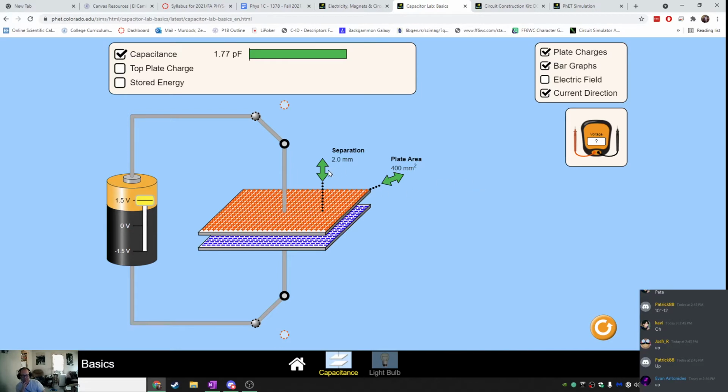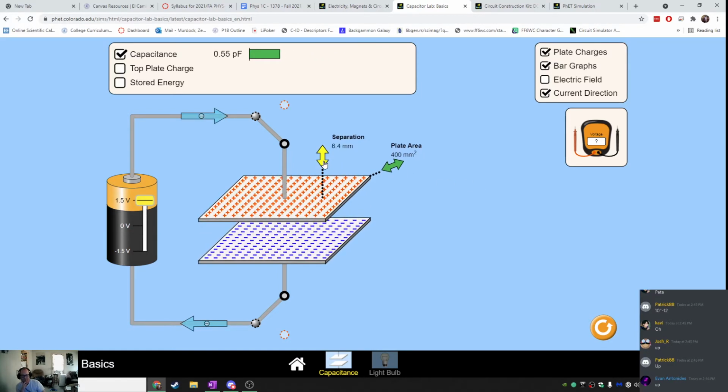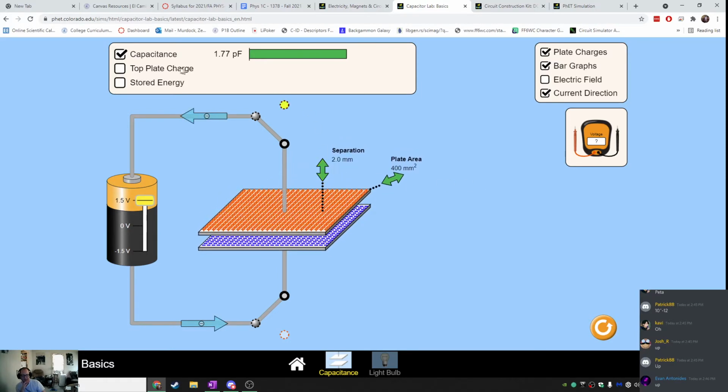We can separate these plates away from each other, and you can see that not only does the capacitance change, but because the voltage is held constant, think about this. If the capacitance goes down, what has to happen to the charges, assuming the voltage is held constant? If I reduce the capacitance by pulling this away, what happens to the charge? You can visually see it, right?